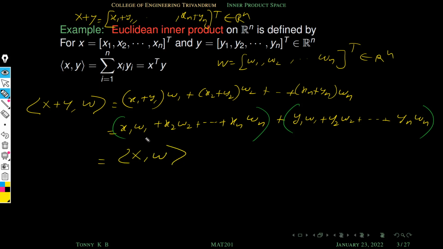That is the definition of inner product. And similarly, this one is the inner product between y and w. So this is true for all x, y, w belongs to Rn. So our function satisfies the third condition.